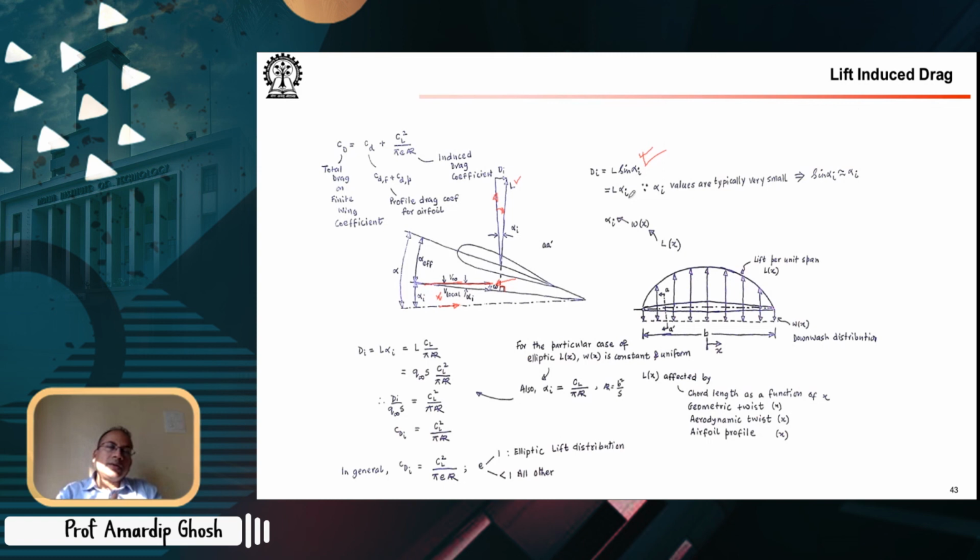So the lift generated is now rho infinity V local, or rather we call it the relative wind. For the wing cross section, because of the induced downwash velocities, your relative wind has become slightly different.